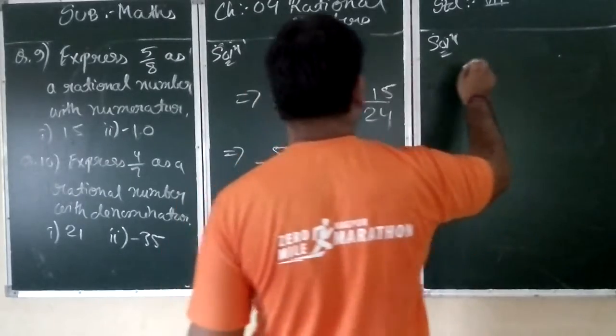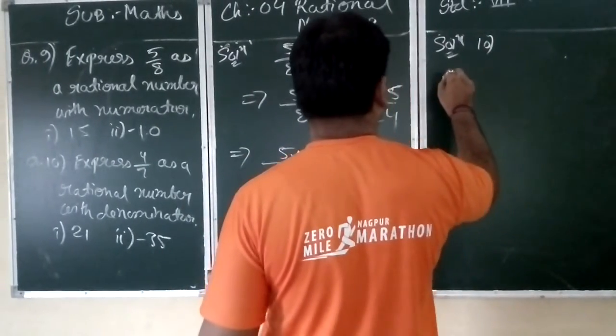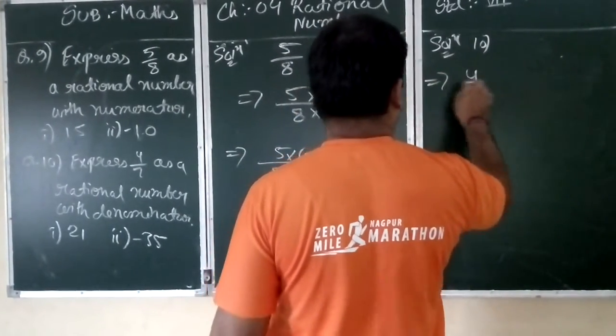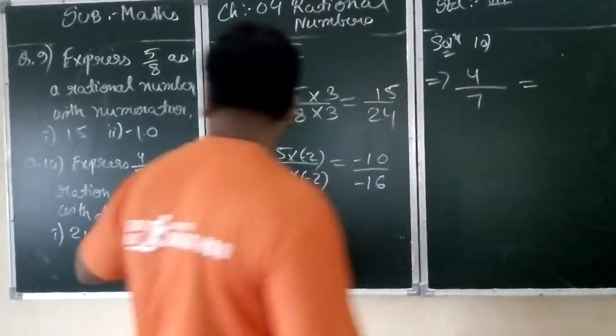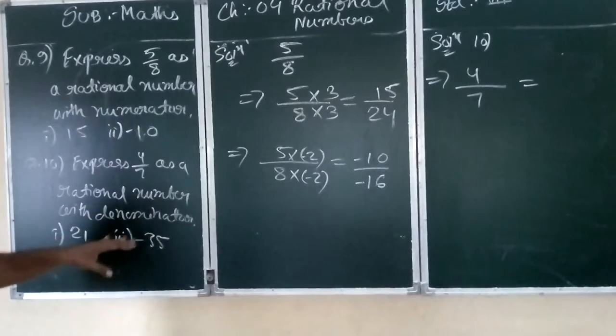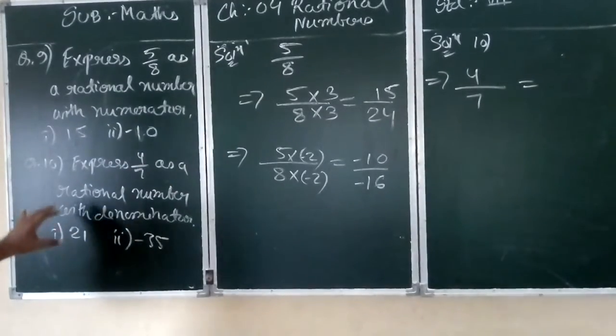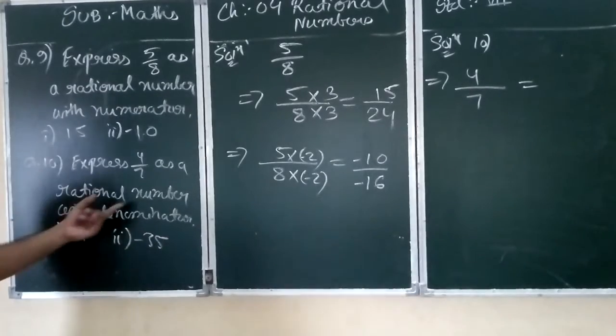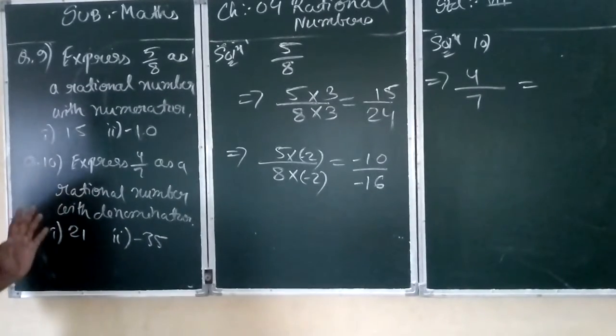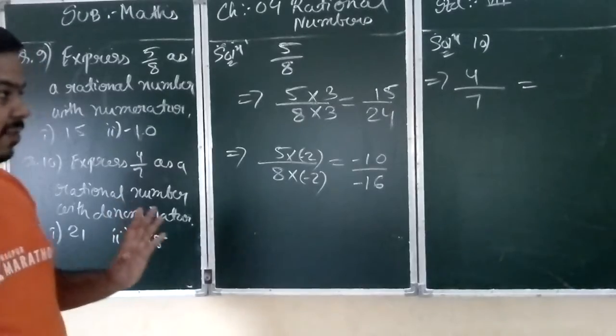So this is question number 10. 4 by 7. Express 4 by 7 as a rational number with denominator 21 and minus 35.